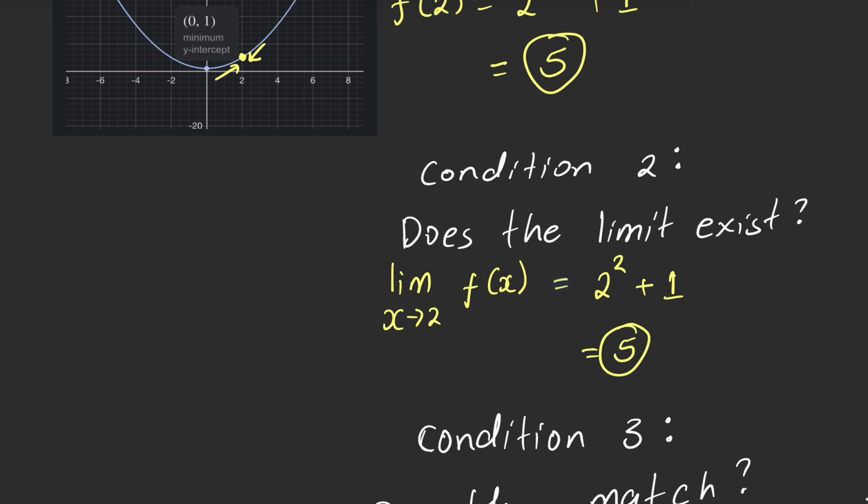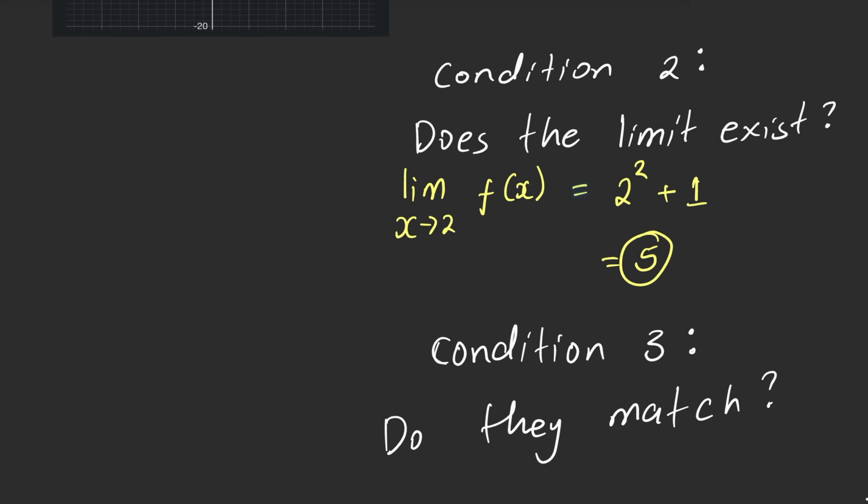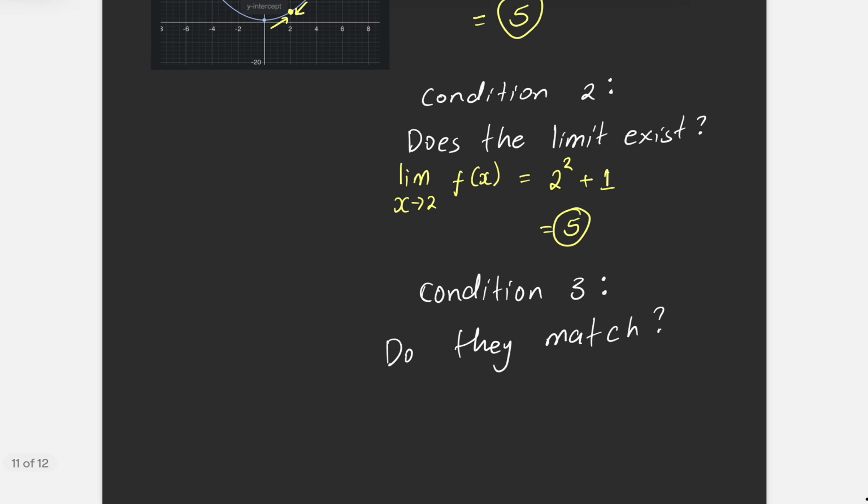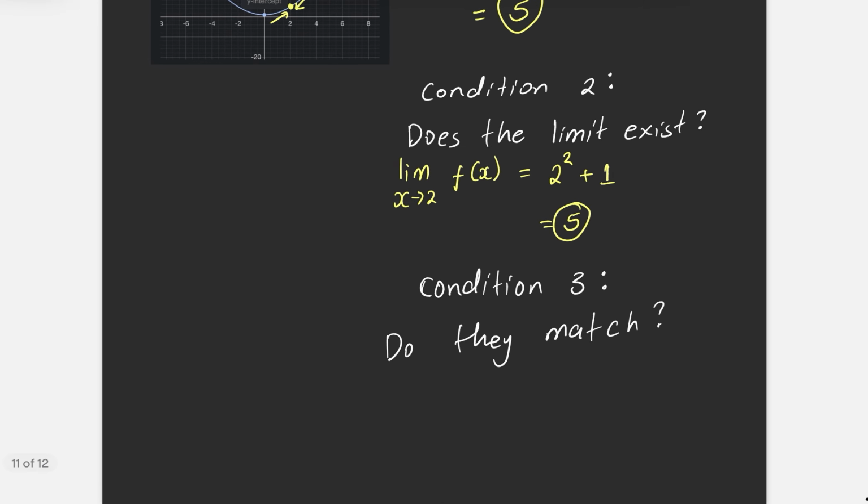And then lastly, you want to make sure that the limit as x approaches 2 of f of x equals f of 2. So you're asking yourself, do condition 1 and condition 2 match? Condition 1, f of 2, and the limit as x approaches 2 of f of x from condition 2, they both equaled 5.